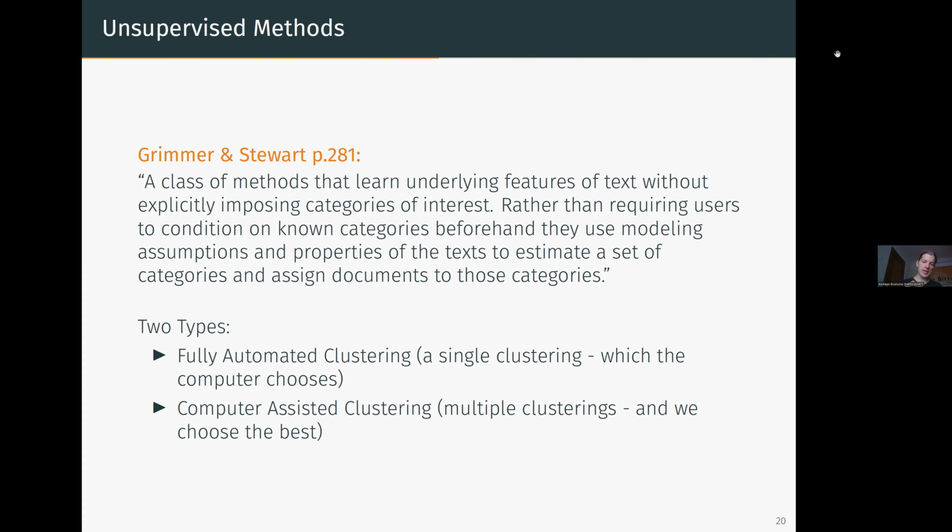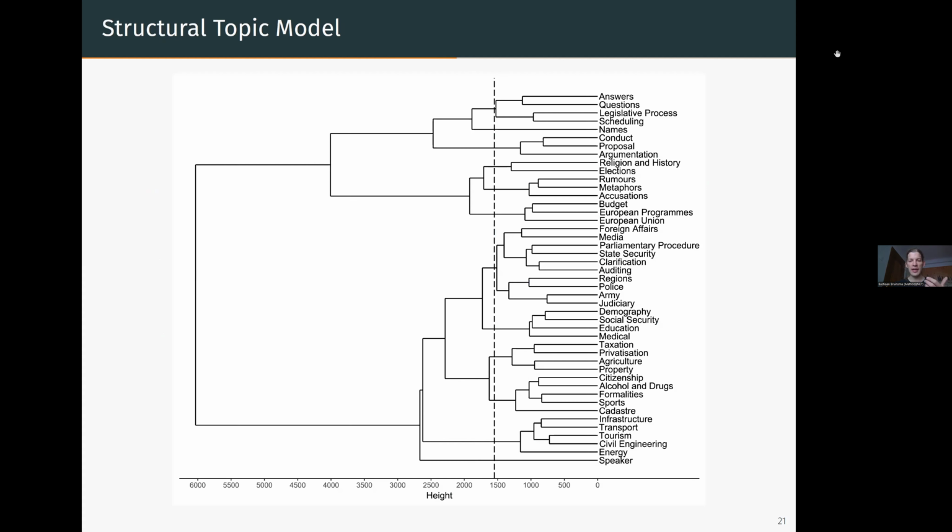And this mostly comes in fully automated and computer-assisted clustering. The difference mostly is that in the latter, we help the computer, and in the first, we basically have the computer choose something, and we then figure out using lots of statistics which one's good.